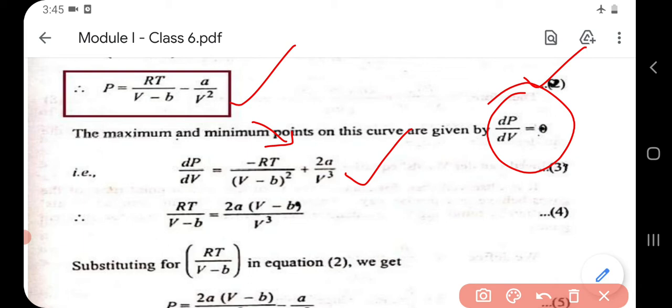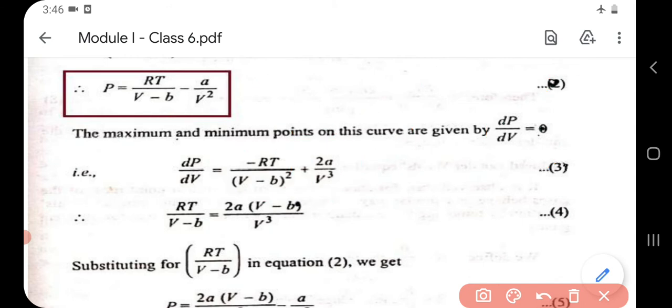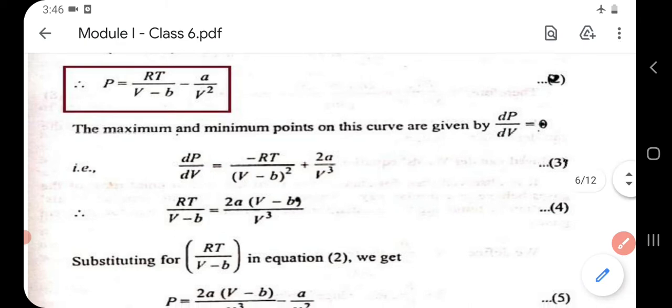Hope you know how to take the derivative of P with respect to V, that is the quotient rule: denominator into derivative of numerator minus numerator into derivative of denominator, by denominator square. By applying that formula, you will get this expression for dP by dV. So I am not deriving it now because it is quite easy.